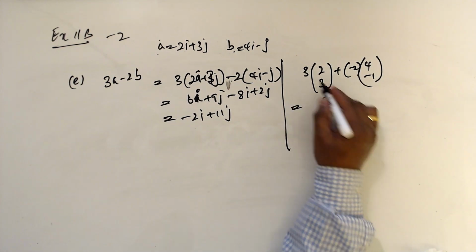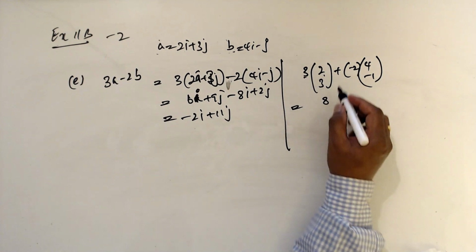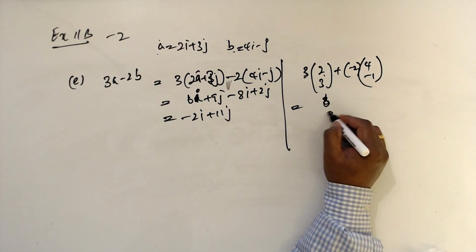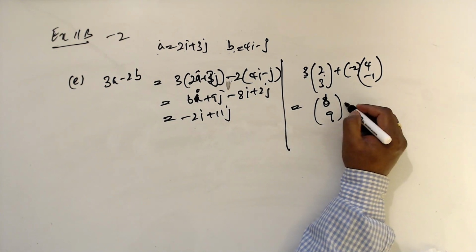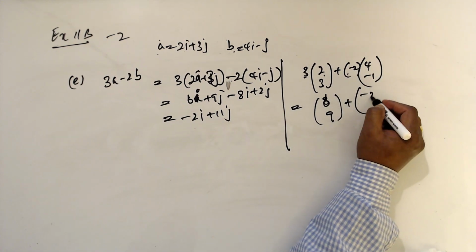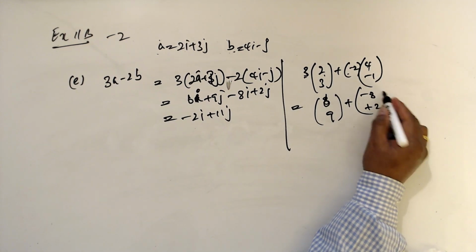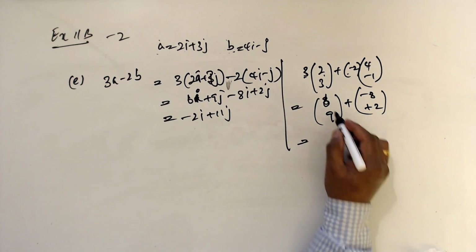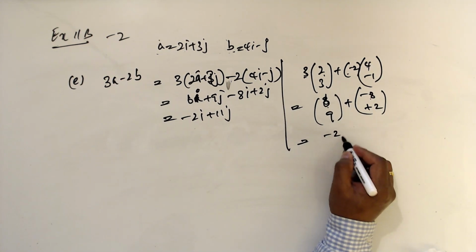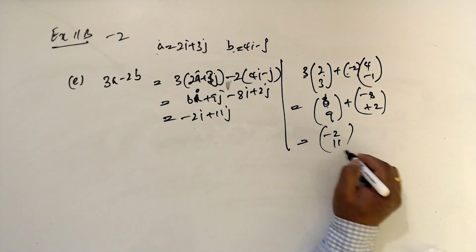This is going to be 6, 3 times 2 is 6. 9 plus minus 2, this is minus 8, this is plus 2. So then 6 plus minus 8 minus 2 and 11.